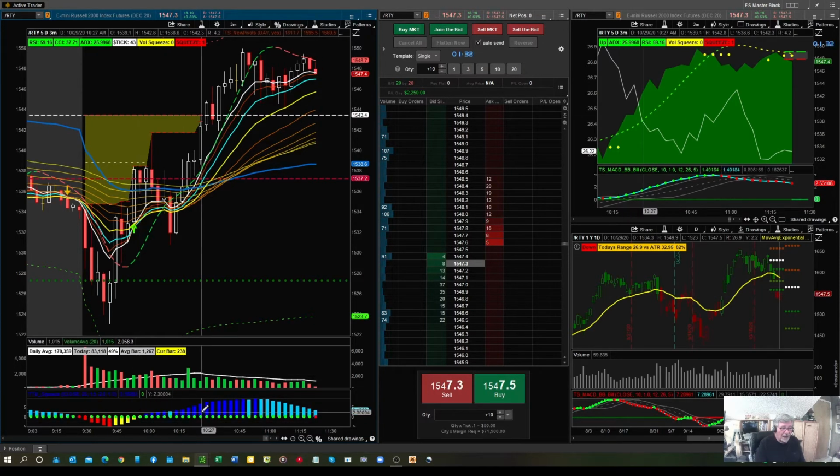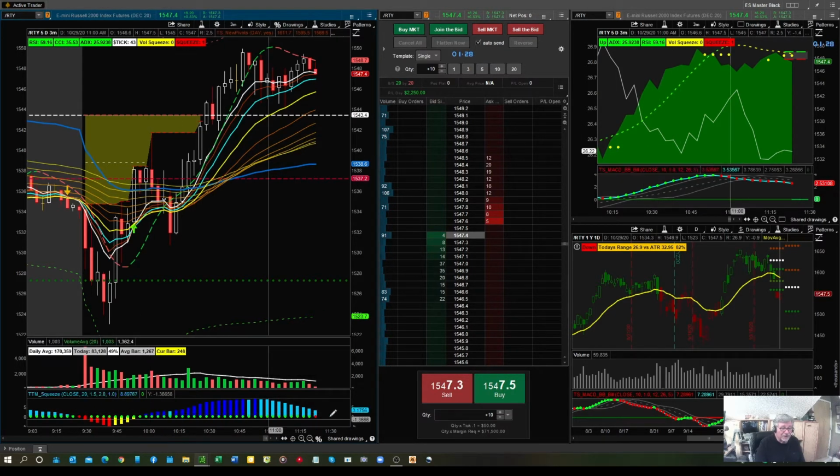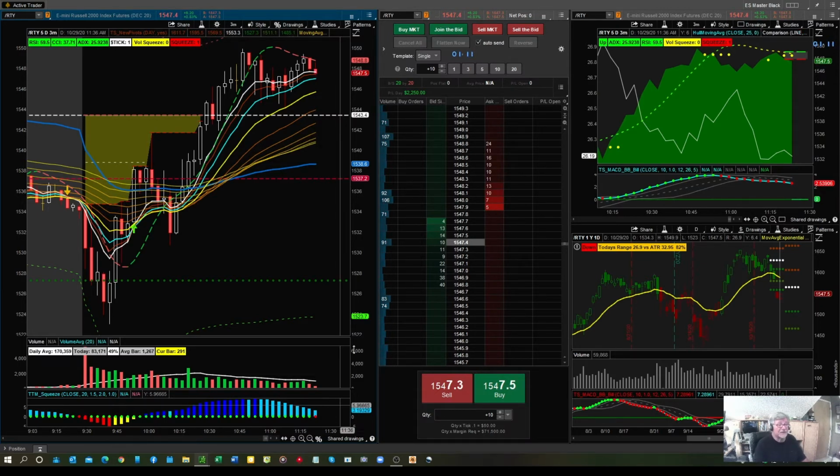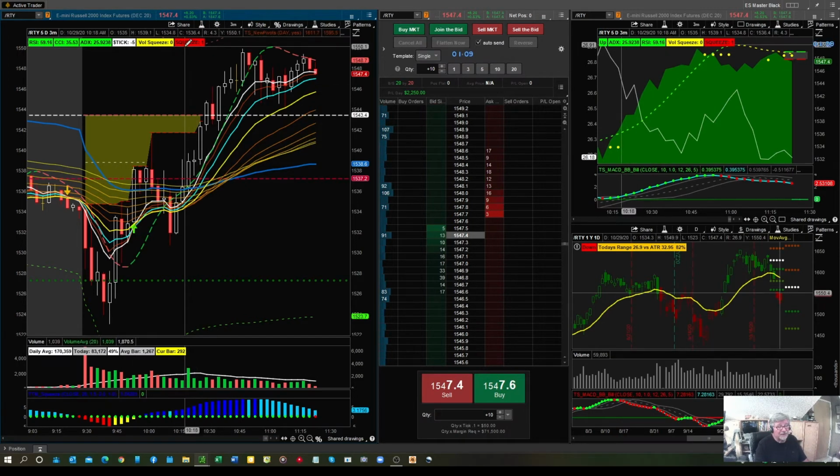When a dark blue histogram starts, you are off of a squeeze. You are now in a long squeeze. And usually squeezes last 4 or 5 bars. Sometimes they go as high as 7, but once they go past 7, this will disappear, and you may want to consider getting out of your trade.